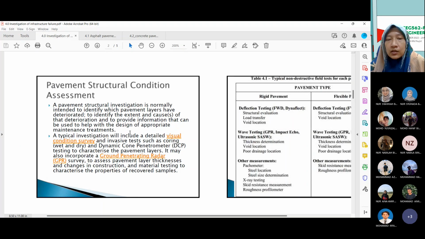So remember the differences between flexible and rigid pavement. I think the benefit of using asphalt or flexible pavement is that when you are planning a repair work, we only need to remove the affected area on the surface.